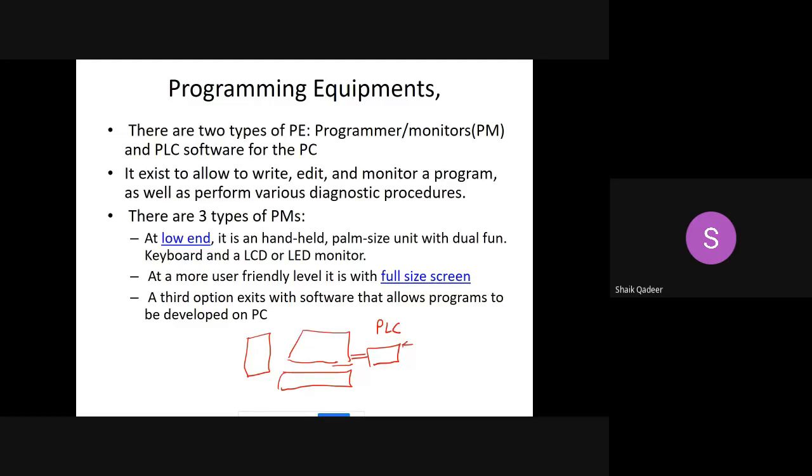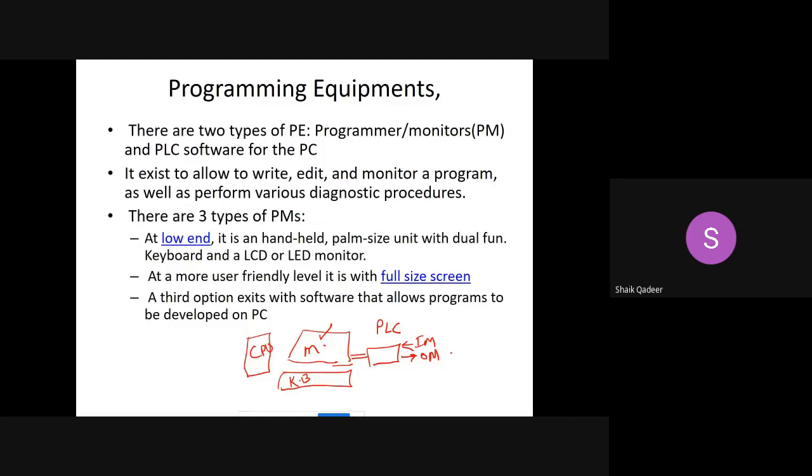To this PLC, the input module and output module are connected. With the help of this keyboard, monitor and CPU, we need to write a program and we can visualize this program on the monitor. After writing the program, we need to move it into the PLC. But before that, we will do some process. Anyhow, I'm skipping that part.